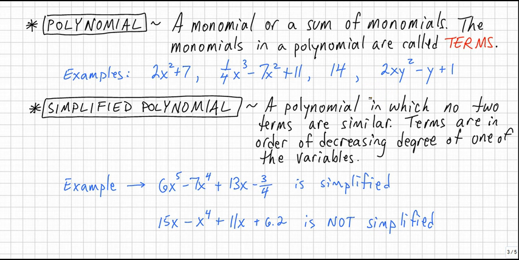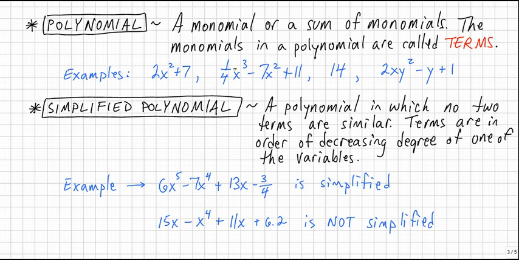Now, when you're talking about polynomials, when you want to refer to an individual monomial, since that word's kind of cumbersome, we also call them terms. So 2x squared is one term, 7 is a term, 1/4 x cubed would be the one term. Just a little bit easier to call it a term than keep saying the word monomial over and over.